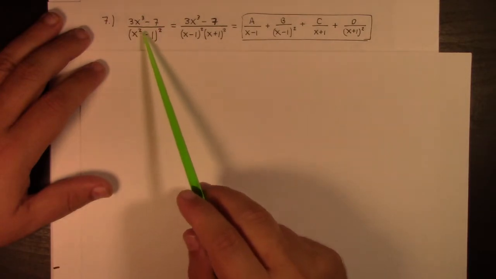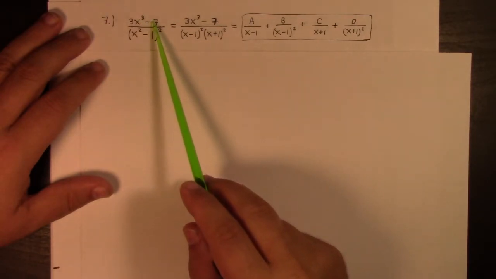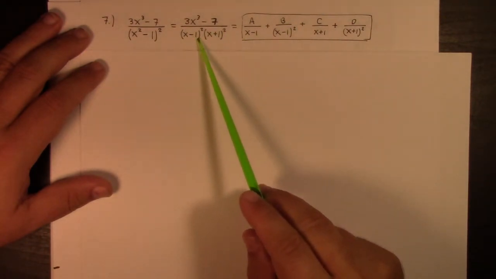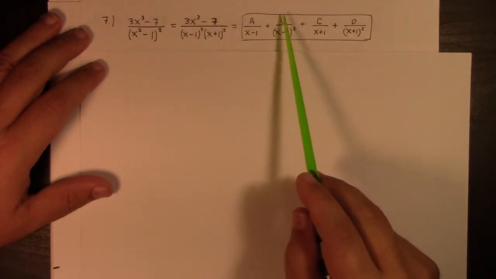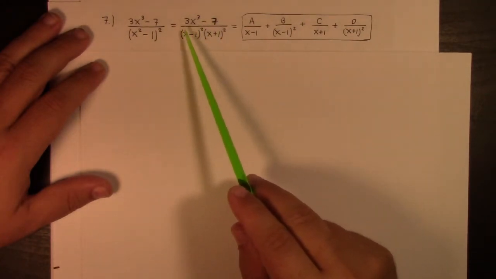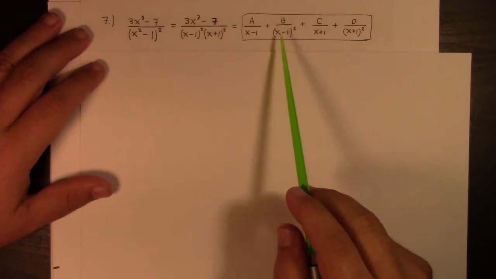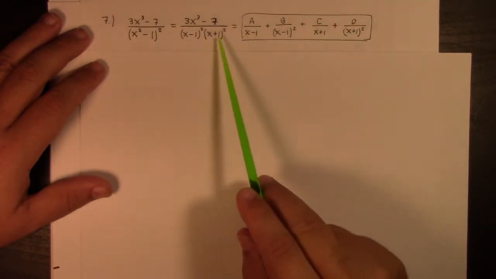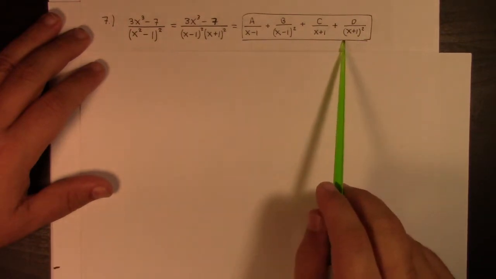If the orders match, or if the numerator's order is larger, we have to do something else I'll get to eventually. Now this x minus 1 squared produces a over x minus 1, and then plus b over x minus 1 squared. That's what you have to put when you have a factor squared like that. And likewise, this produces c over x plus 1, d over x plus 1 quantity squared. That's the partial fractions decomposition.